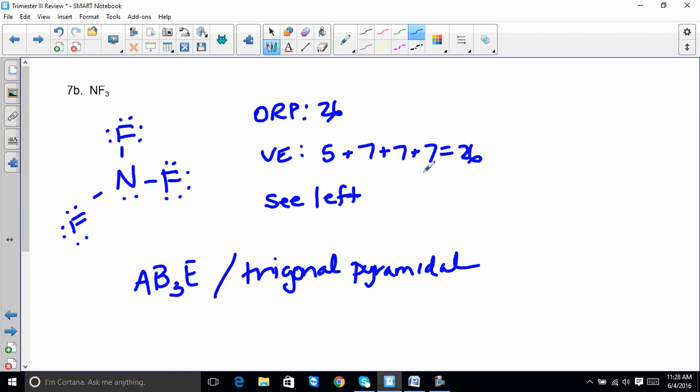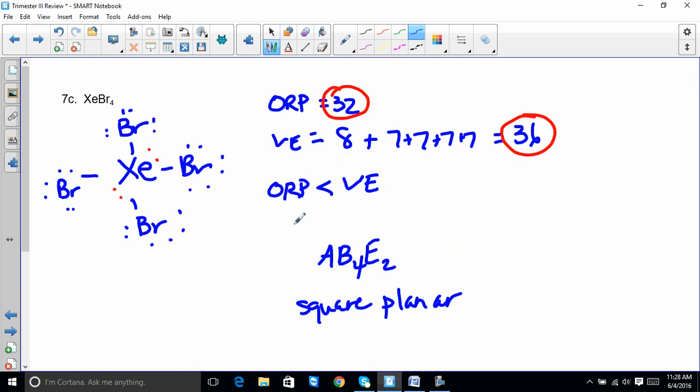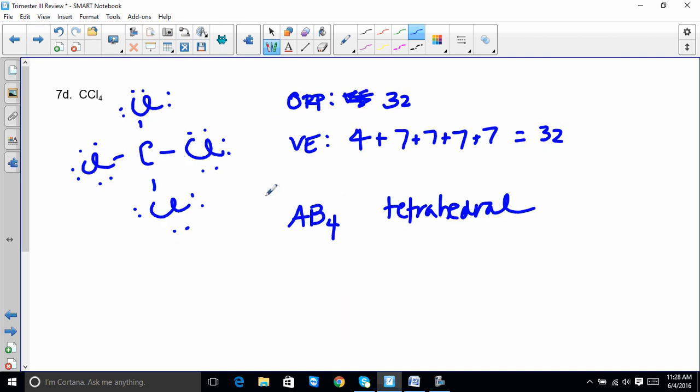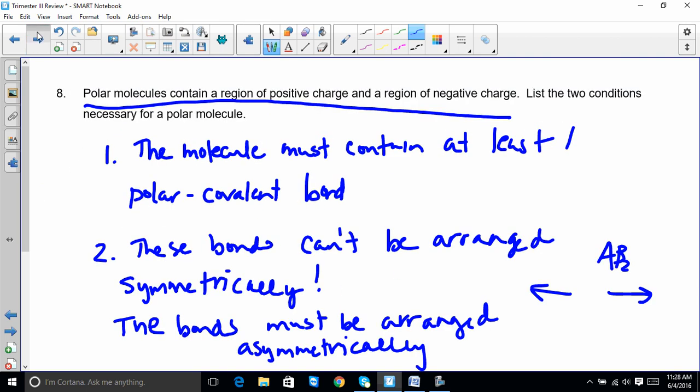This one is polar because AB3E1, it has asymmetry, and fluorine has an electronegativity of 4, and nitrogen has an electronegativity of 3, and 4 minus 3 is 1, and that is greater than 0.3 and less than 2. This has symmetry, it's not asymmetric, and this has symmetry, it's not asymmetric.